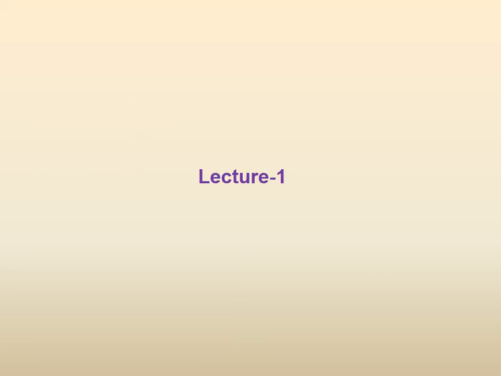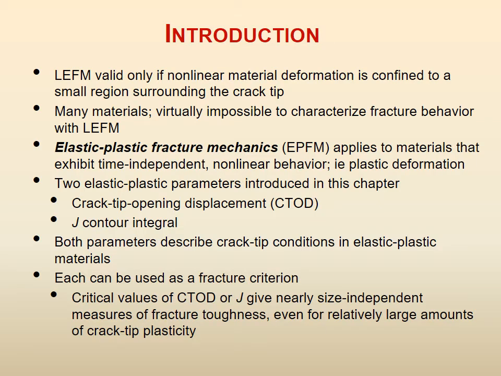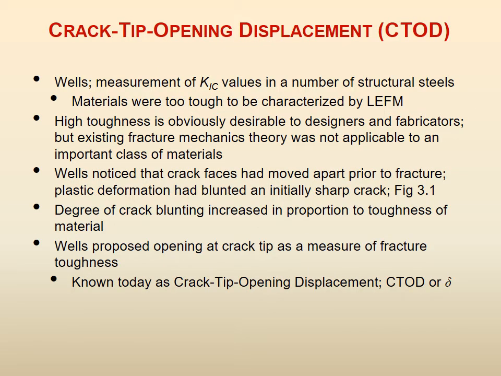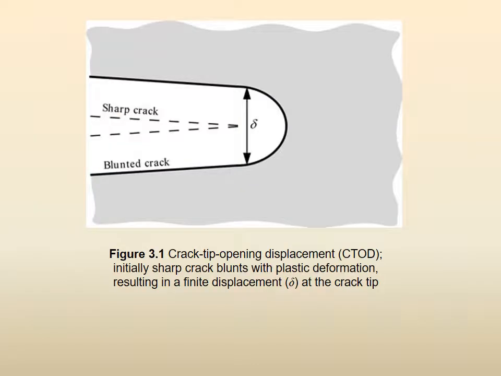So let us go through what we did in lecture 1 of this. We introduced elastic plastic fracture mechanics, EPFM, telling you that the two main new quantities that we will introduce are CTOD and J contour. Then we started talking of the crack tip opening displacement, CTOD, with the tests performed by Wells.